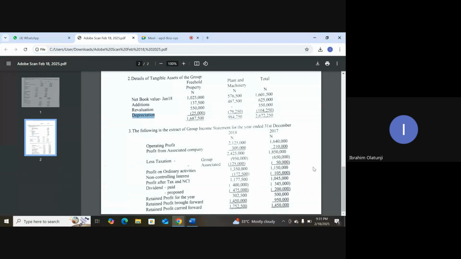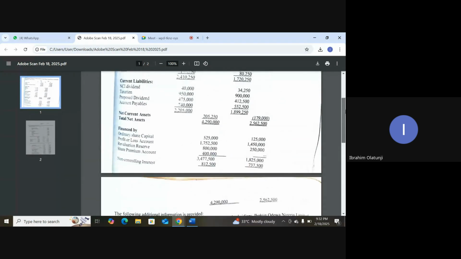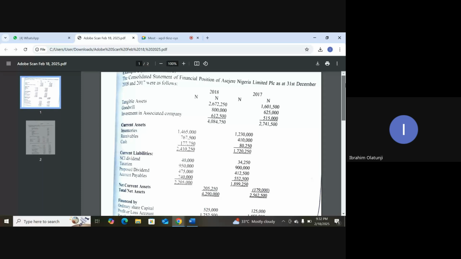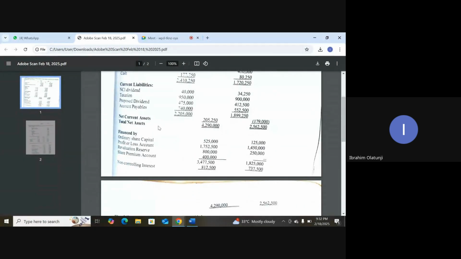That's where you see your current assets.